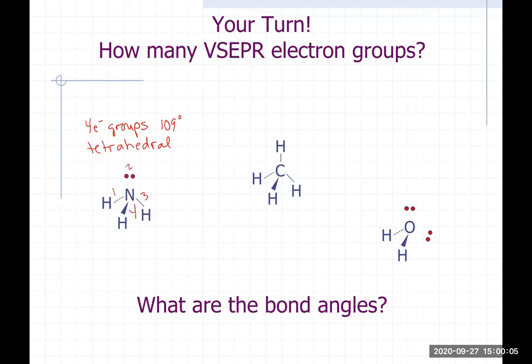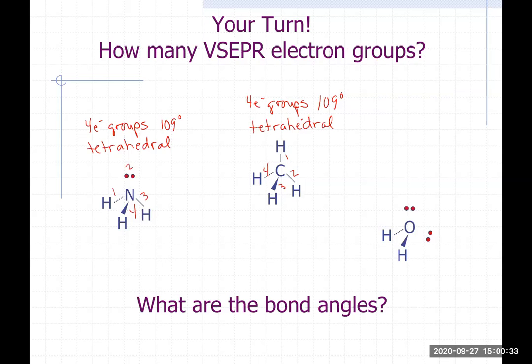If we look at the next one, 1, 2, 3, 4. Each single bond counts as an electron group. Again, we have 4 electron groups. So what's the bond angle? Approximately 109. The electron geometry is tetrahedral.